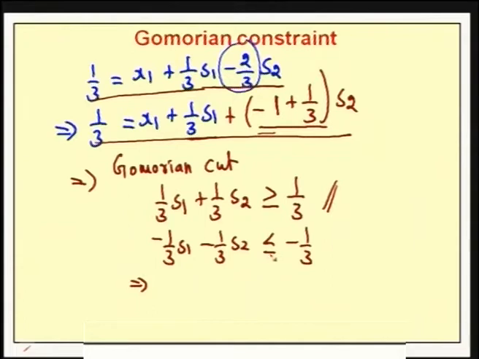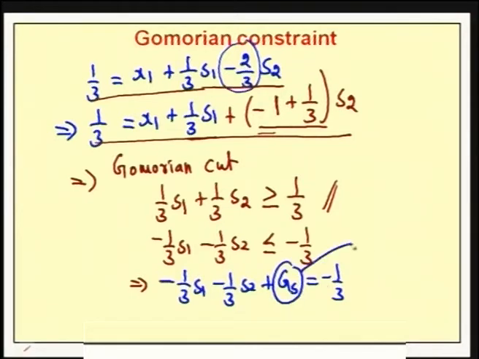Rewrite this inequality constraint into an equation by introducing a slack variable, which we write as minus 1 by 3 s1 minus 1 by 3 s2 plus gs equal to minus 1 by 3. Here this gs is called the Gomorian slack variable.